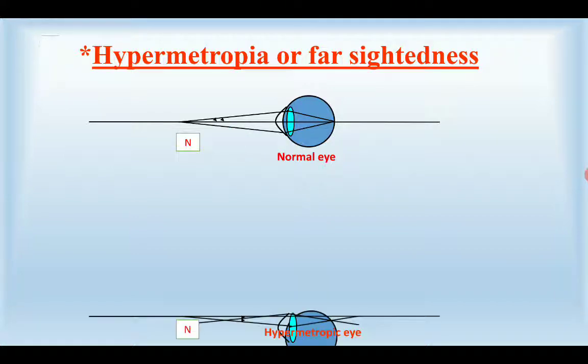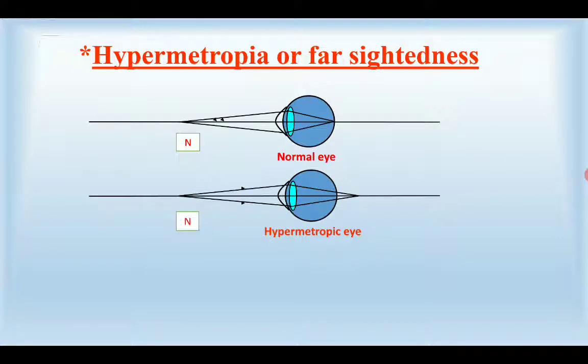But if the person has the defect, hypermetropia, then due to decrease in aperture, the light rays are converged at a point behind the retina. So the lens is taking a longer time to converge the light rays falling on it.